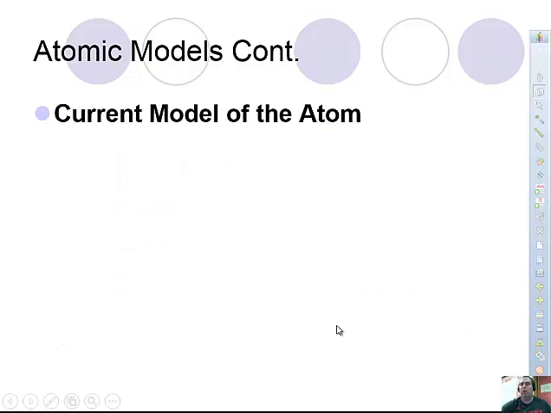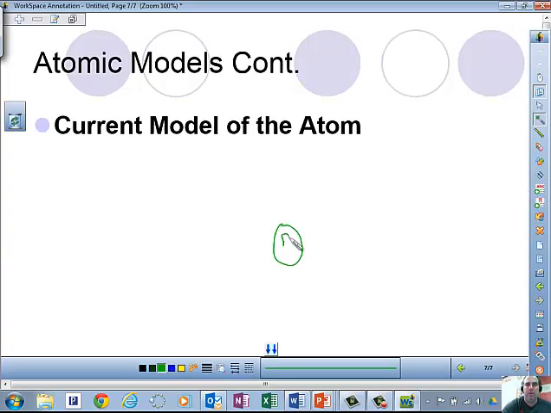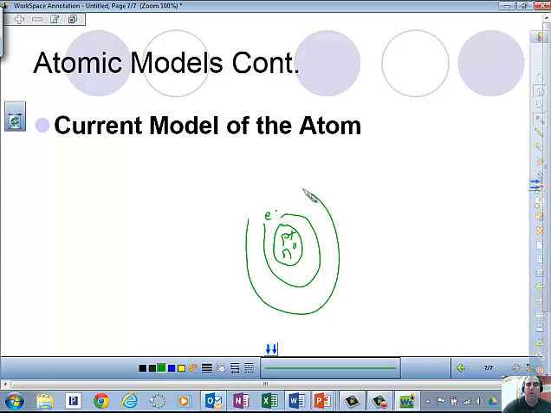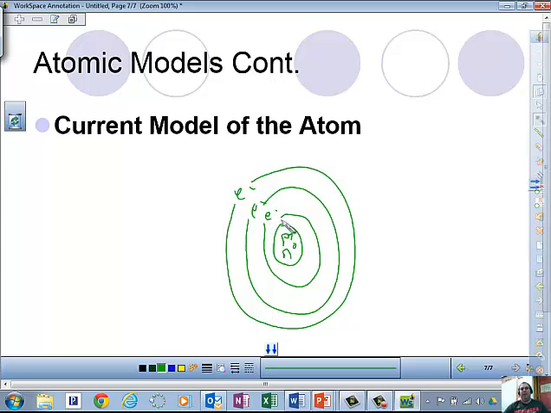So our current model of the atom is this. We have the center of the atom that has protons. It also has neutrons. On the outside, we have an electron there, an electron there, an electron there. I'm not going to draw them all out. I've got 3 levels going around here, but in reality, there end up being 7 total rings or orbitals that go around the nucleus of the atom, or around that center.